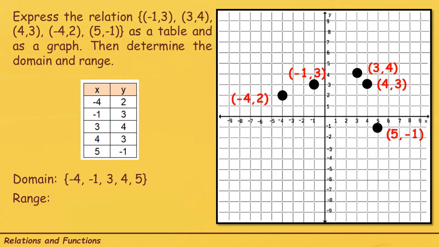Don't forget the curly bracket because we are talking about the set of all first coordinates. Range naman natin is {2, 3, 4, -1}. Ito yung ating values ng y coordinates. Kung mapapansin nyo, dalawang beses na ulit yung 3 pero isang beses ko lang siyang isinulat sa range.